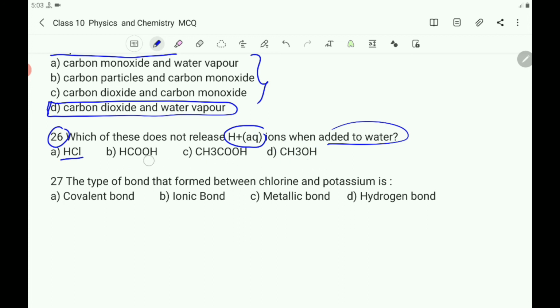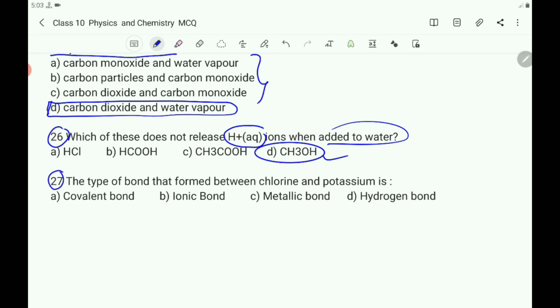So all these three liberate H plus ions, but this one will not liberate the H plus ion. This is not an acid. Only acids release H plus ions when added to water. That is, option D is the answer.